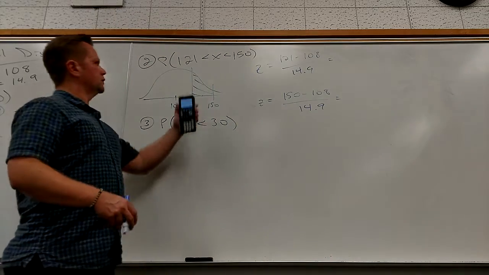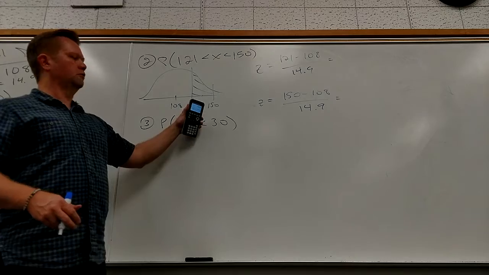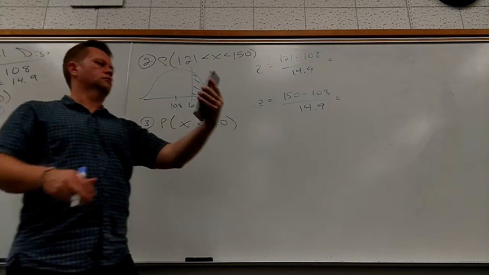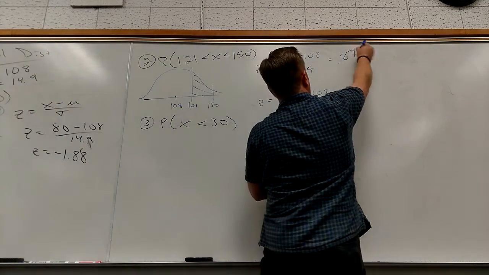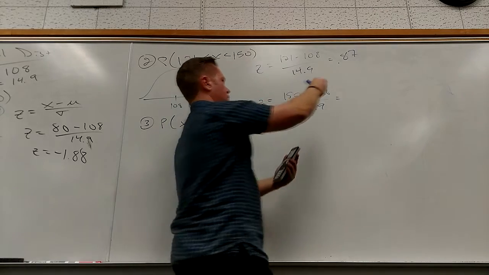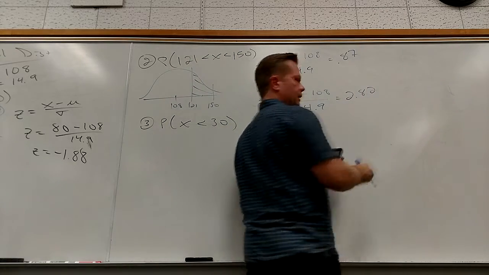All right, let me catch up to you guys a little bit. What are you getting for that z-score for 121? 1.27. Yeah. What about for 150? 2.82. I like it.